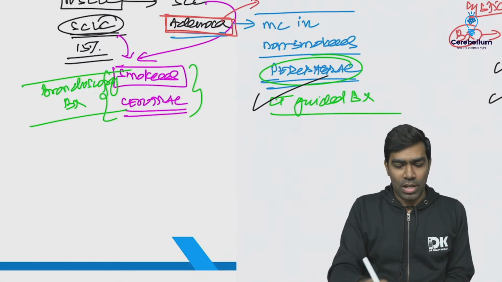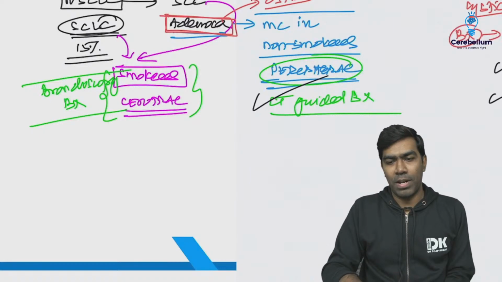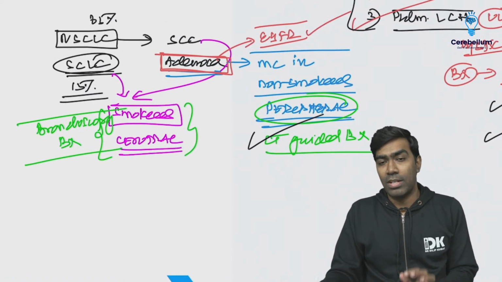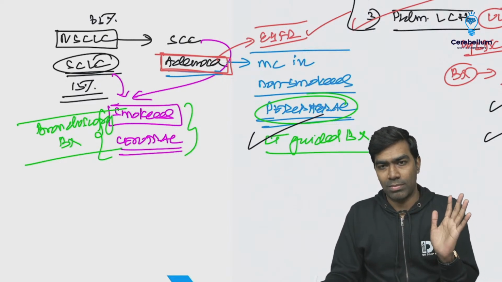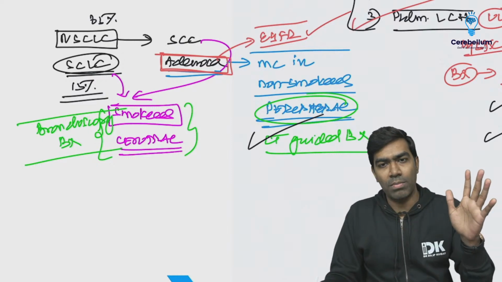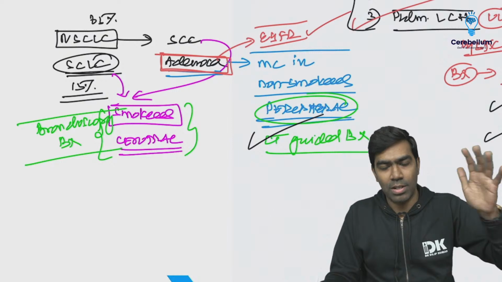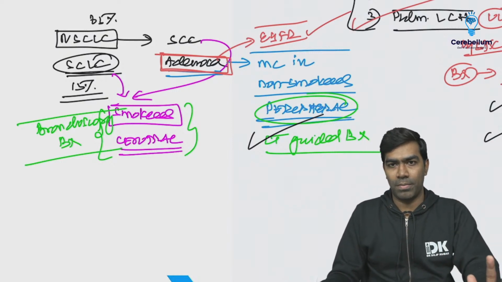Adenocarcinoma is the one that commonly shows the EGFR mutations, epidermal growth factor receptor mutations. Even this is a very important question in exam. Even though the most common mutation in adenocarcinoma is going to be KRAS mutation, EGFR mutations are commonly seen in patients with adenocarcinoma.